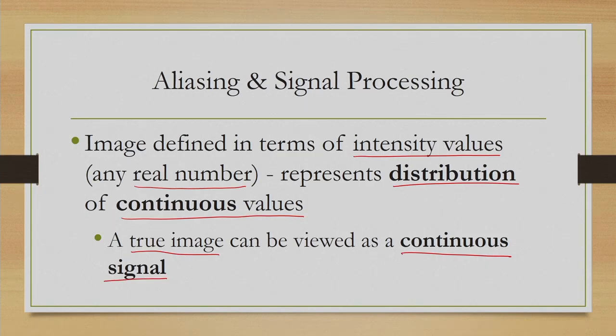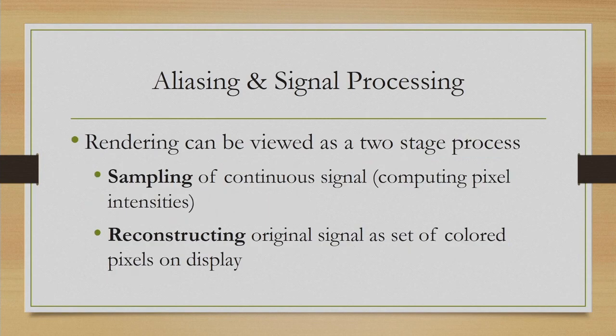mapping the idea of image rendering to signal representation. Now, when we perform rendering, what do we do? The process of rendering can be viewed as a two-stage process in a very broad sense. In the first stage, we sample the signal or the intensity values, in other words, we sample those values for pixel locations.